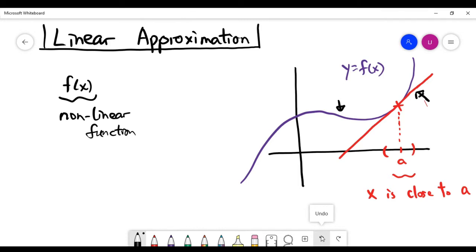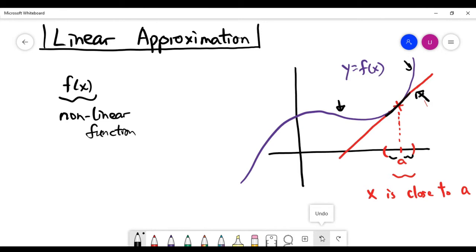For a very small neighborhood of the point a, if you look at the point x inside this neighborhood, we expect that the values on this red line for the point x close to a are very close to the original graph.